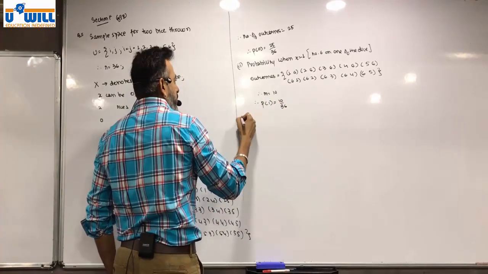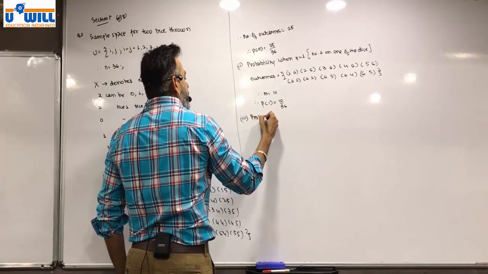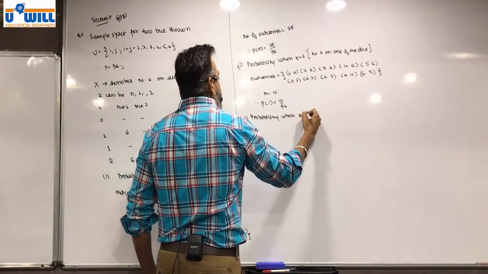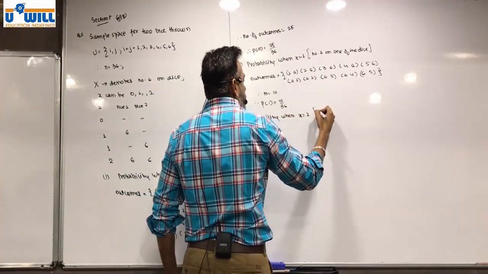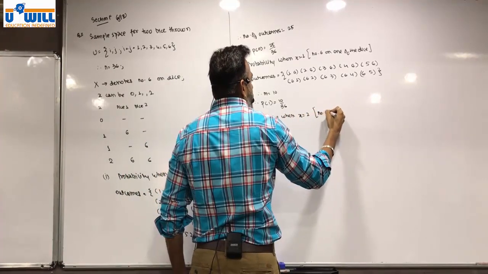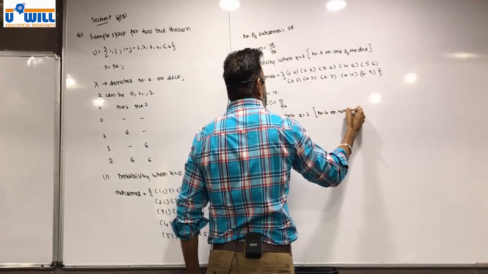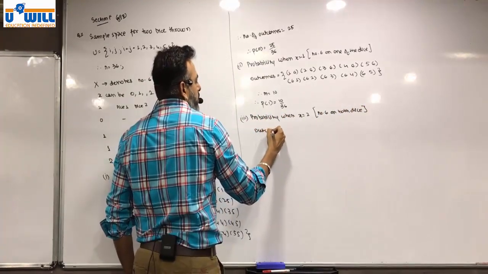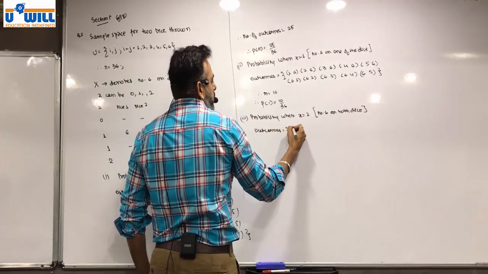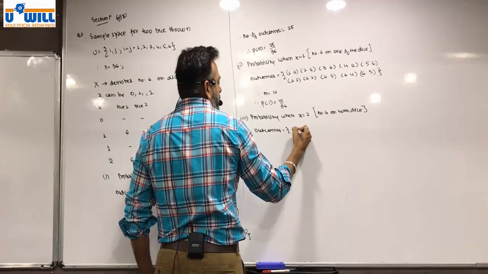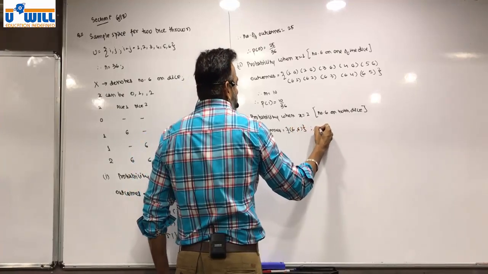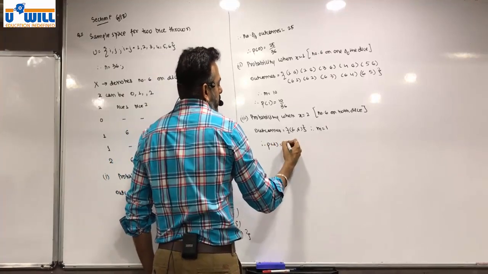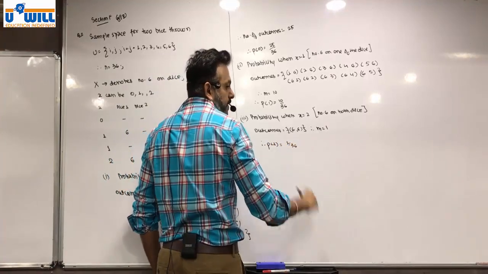Third, probability when x is equal to 2, it means number 6 on both dice. Outcome is equal to (6,6). So m is equal to 1. Therefore, probability of 2 is equal to 1 by 36.